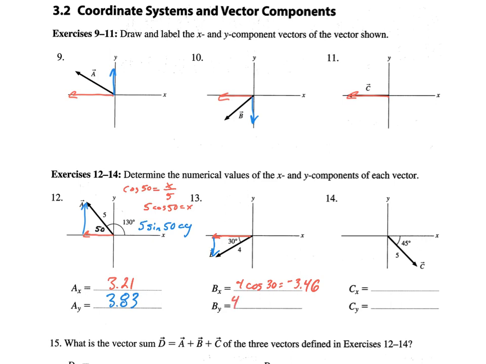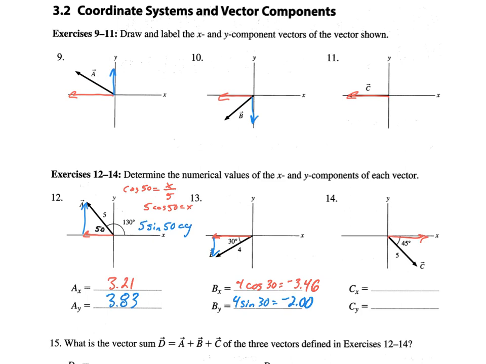And then this is going to be 4 times the sine of 30 equals, this is going to be negative as well, isn't it? Negative 2.00. And I think you see a pattern developing.